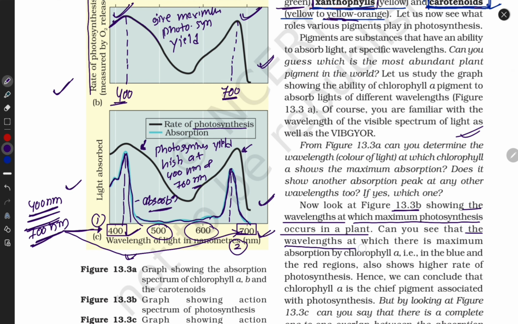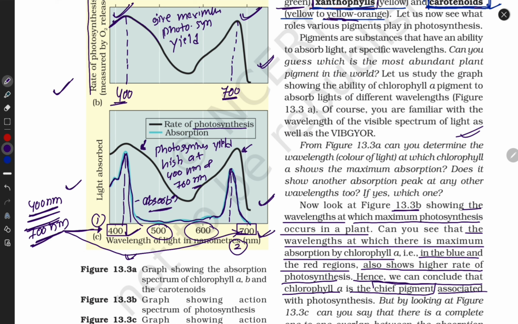The wavelength at which there is maximum absorption by chlorophyll A in the blue and the red region also shows the higher rate of photosynthesis. Hence, we can conclude that chlorophyll A is the chief pigment associated with photosynthesis.